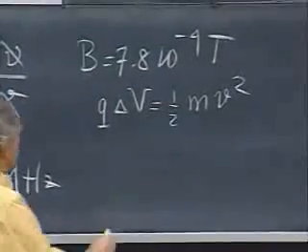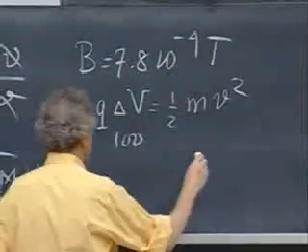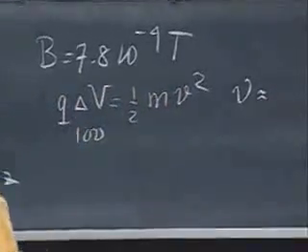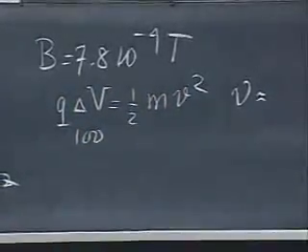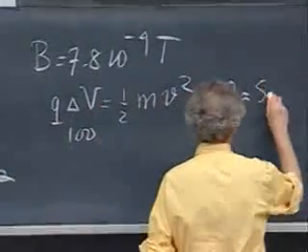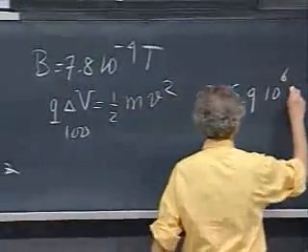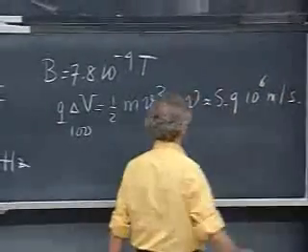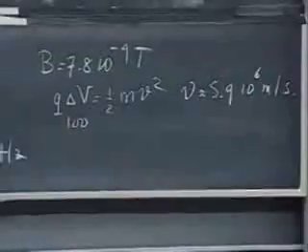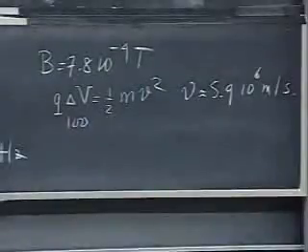And so if I make this 100 volts, I can calculate what v is, and I found that the velocity of the electrons is about 5.9 times 10 to the 6 meters per second. So that's the velocity if I have a potential difference of 100 volts.